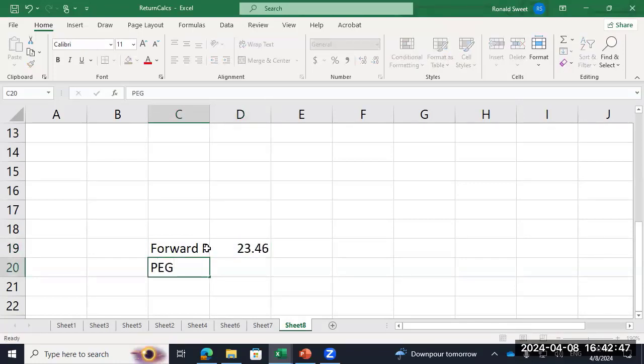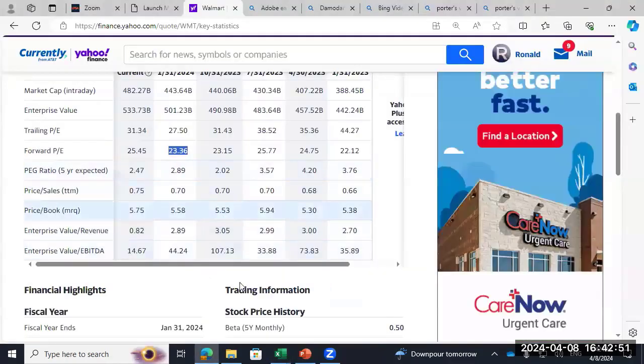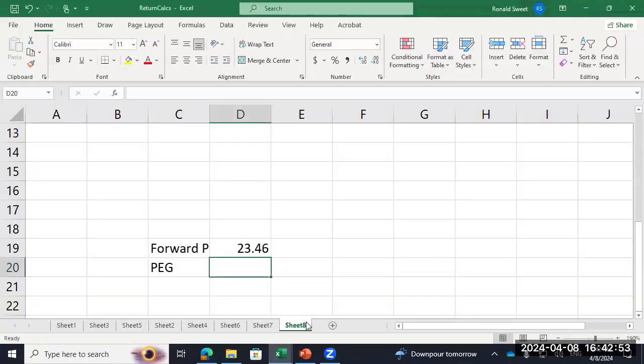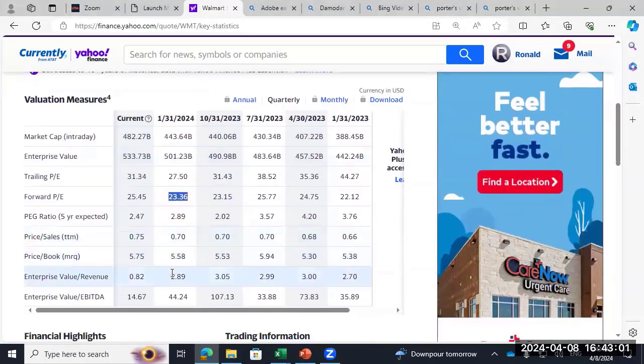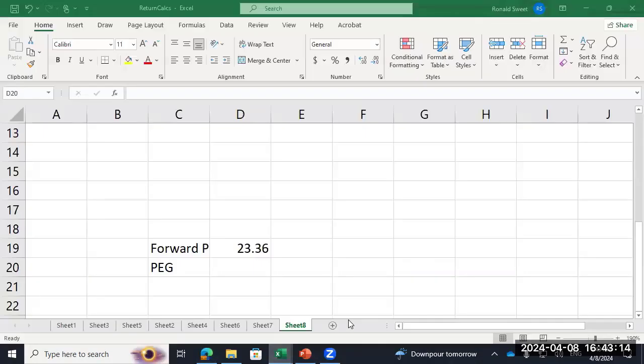In their PEG, I don't like using the current because sometimes the quarterly numbers get messed up. So I use the latest year. Their PEG ratio, see what it says? 5-year expected, 2.89.